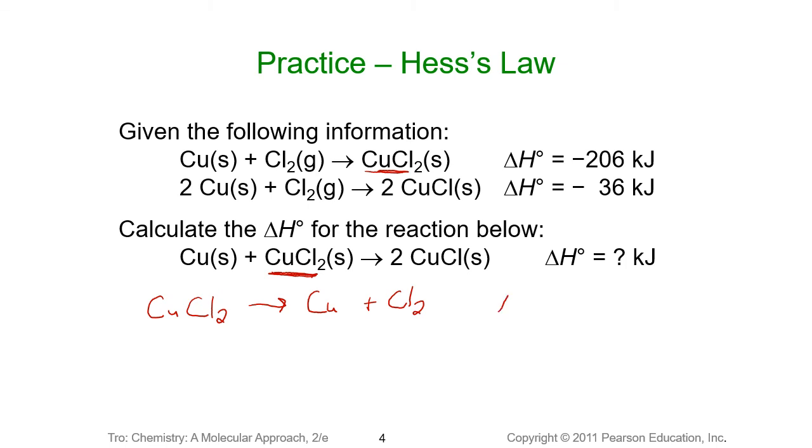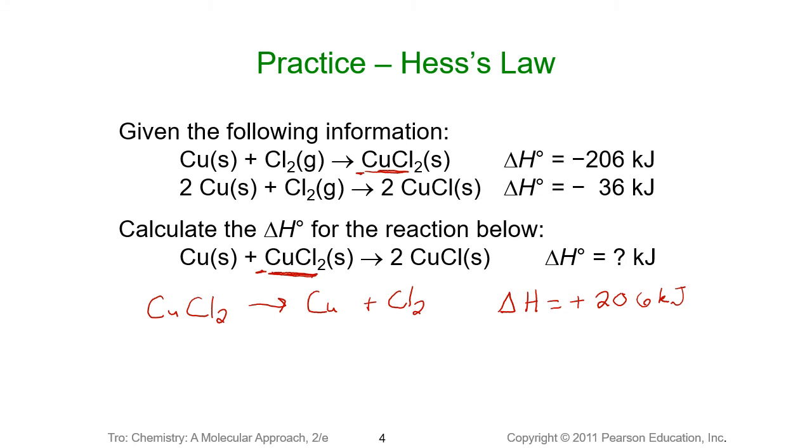Because we flipped the reaction, we change the delta H into a positive 206 kilojoules. We don't have to multiply by anything because the coefficient is the same for the copper 2 chloride.